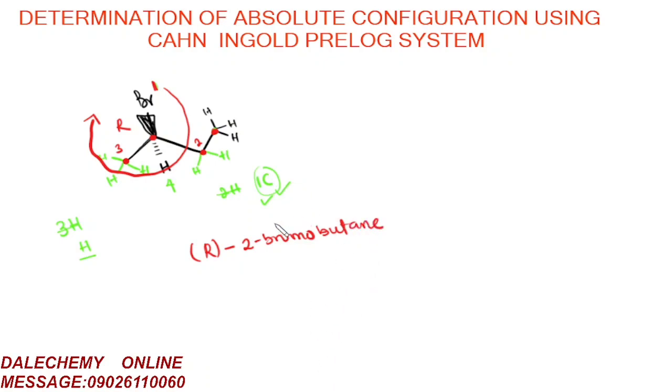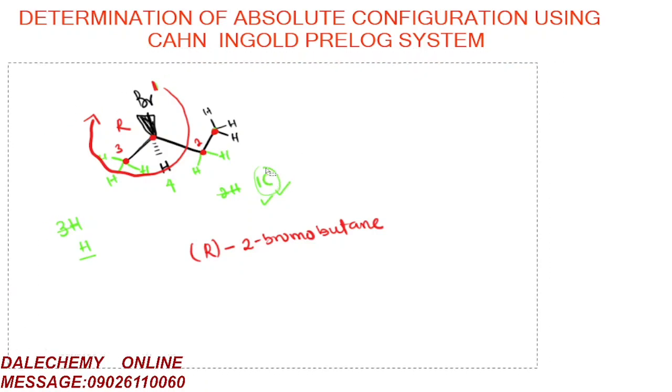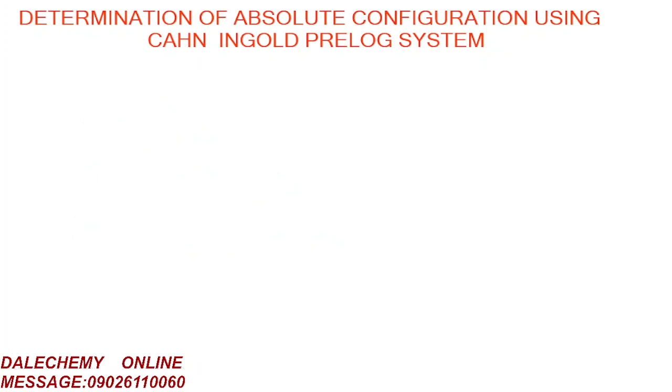Now, generally, anytime you want to name those compounds and find the configuration, your hydrogen, or the lowest priority group, must be on the dash bond. But in some situations where it is not there, let's consider this next example. How are we going to do it?